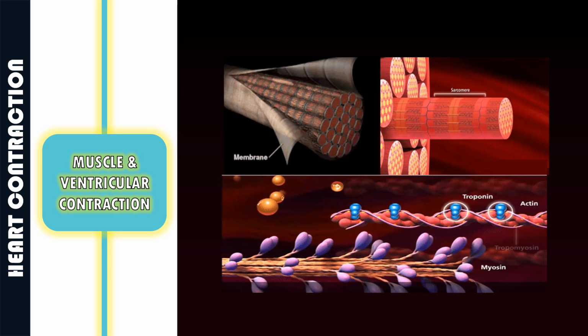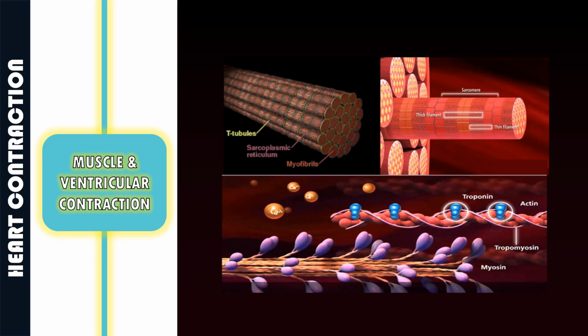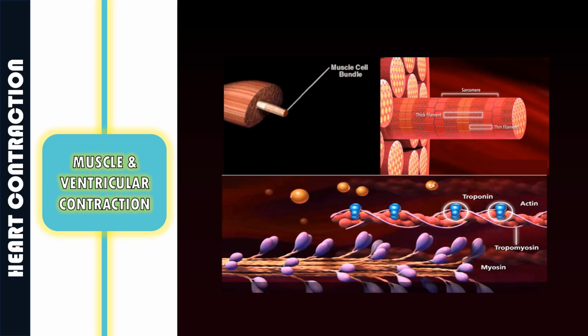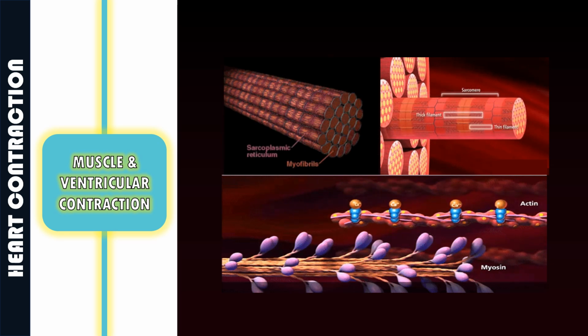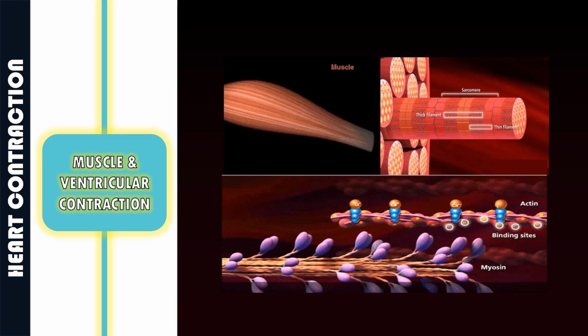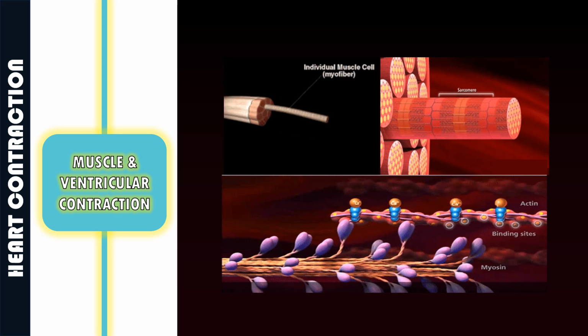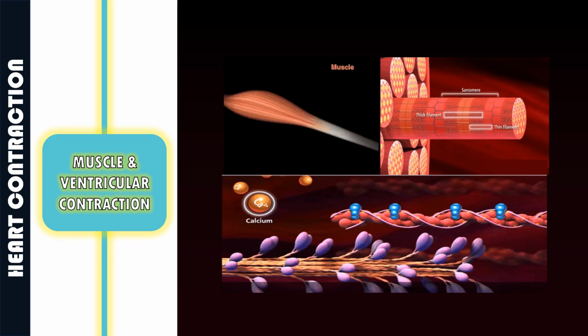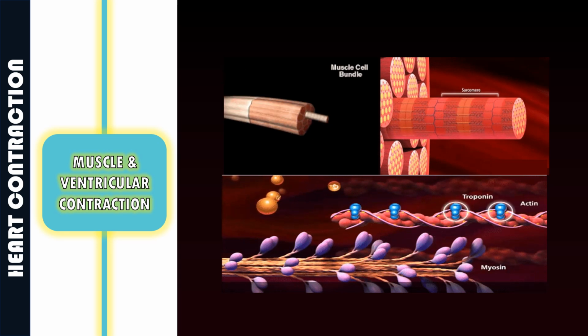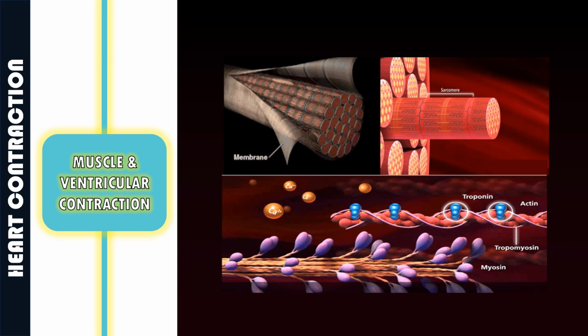The coordinated contraction of ventricular muscle cells, fueled by calcium release, ensures efficient pumping of blood, maintaining cardiac output and perfusion of vital organs. This precise regulation of calcium-dependent contraction enables the heart to adapt to changing physiological demands, such as increased blood pressure or physical activity.